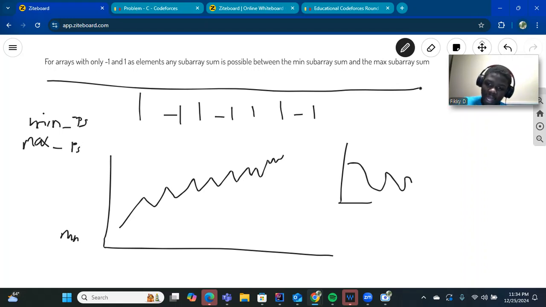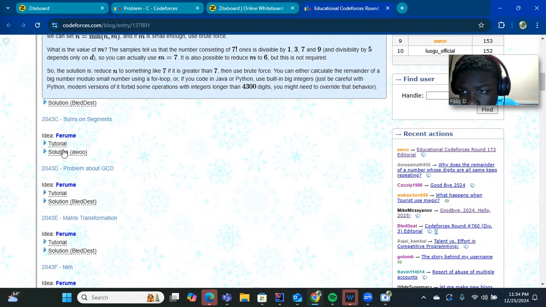To me, if you think of a subarray sum, it's just a difference of prefix sums. I'm trying to prove it. So let's see. Do they prove this? I'm not sure if they do.